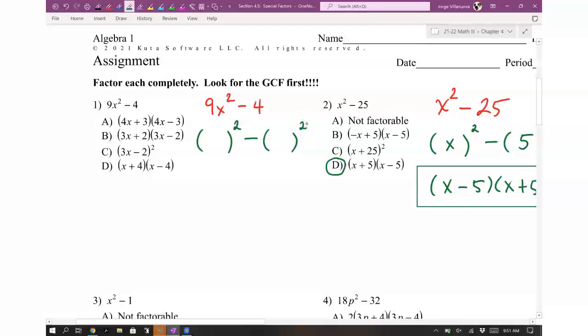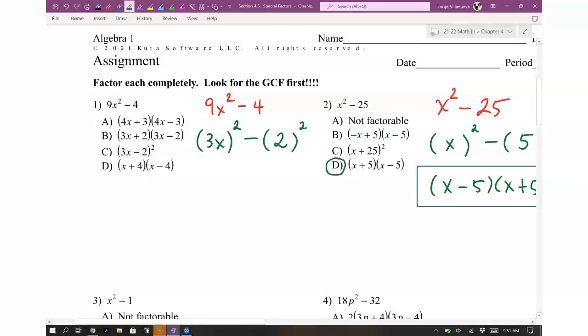We'll start with just a number. What squared is a 4? 2, right? So let's put a 2 right there. And then the other side with the variables usually a little tougher. What squared becomes 9x squared? 3x. Thank you. So we got 3x.